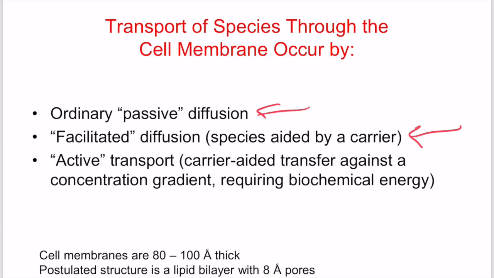Perhaps it's not soluble within the membrane, and so something is going to escort it through. Like fat-soluble, water-soluble things dissolving in that, and then the water passing through the membrane. Yeah, something like that. But it's still diffusion from a high concentration to a low concentration. Active transport goes against the concentration gradient, and so that takes energy. And that is not this class.